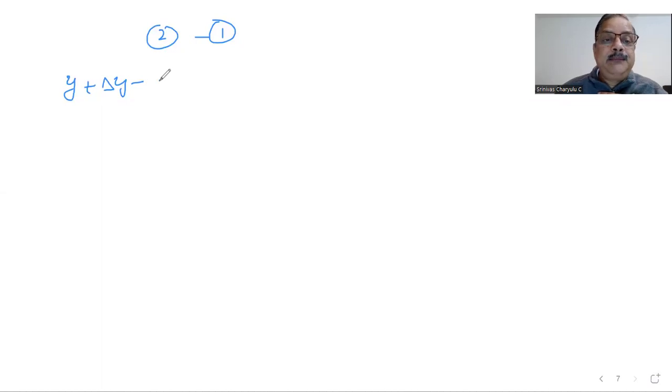Y plus delta y in the second equation. First equation, y is there. Here we are having x plus delta x, we expanded here.